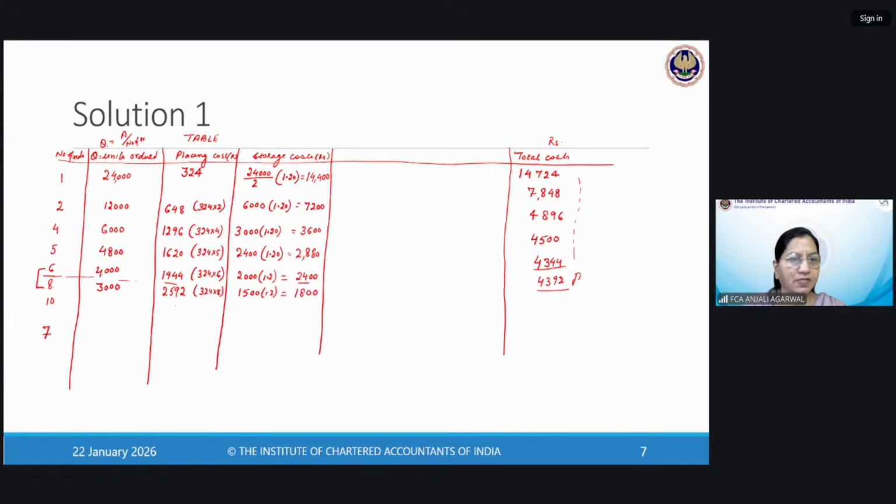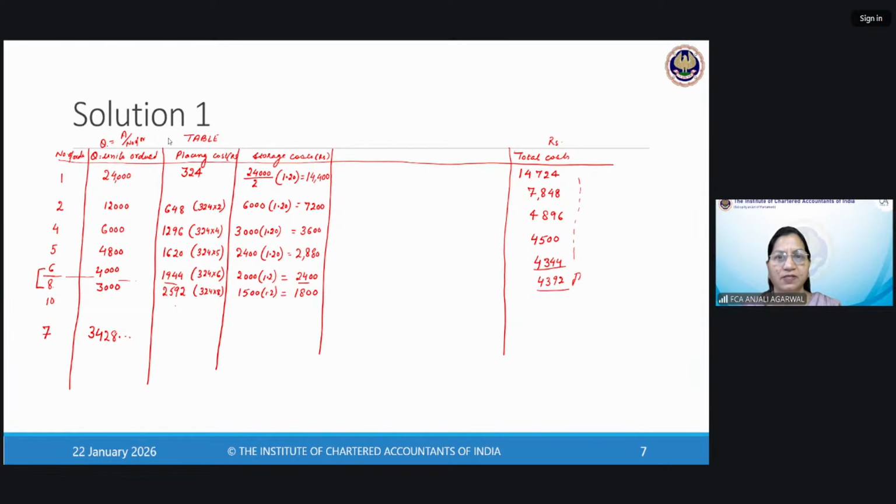Let me try here for 7. So 24,000 divided by 7 is giving me some fraction. Theoretically, you can take the fraction, but actually you may say that it is not possible to order fractional units. So maybe you will order 3429 units.